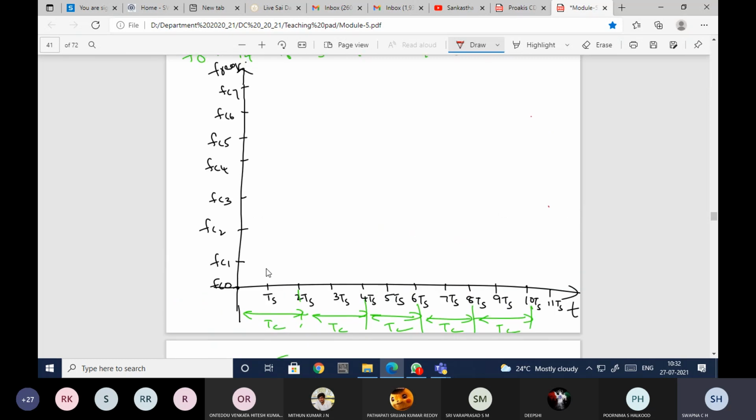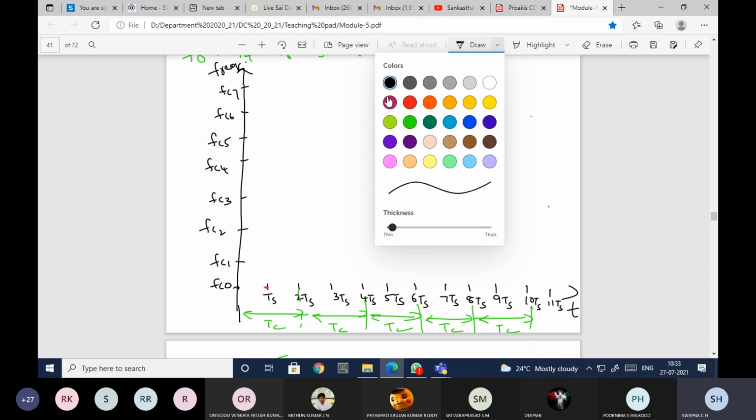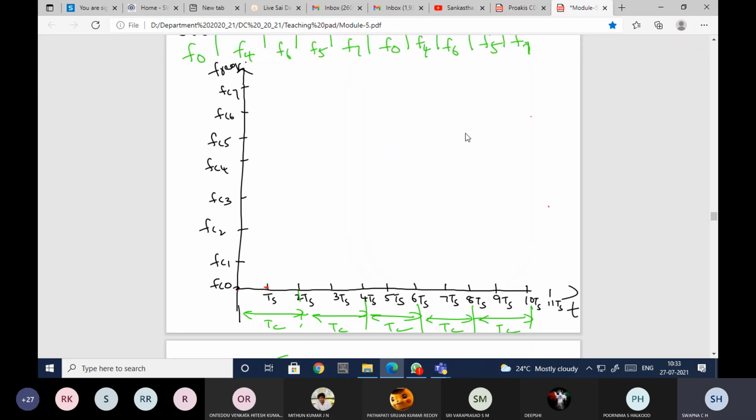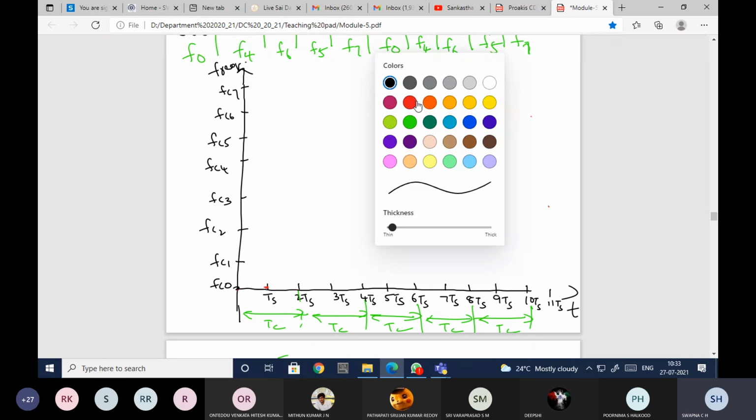What is the data he has given? Each symbol will occupy one duration from here to here. Let me take a different colored pen.